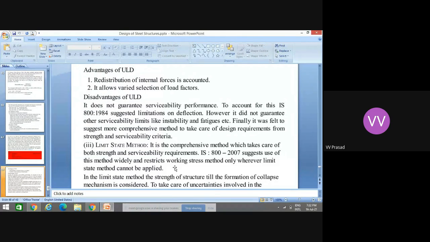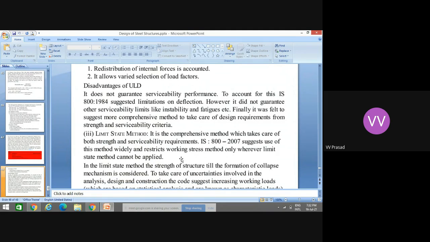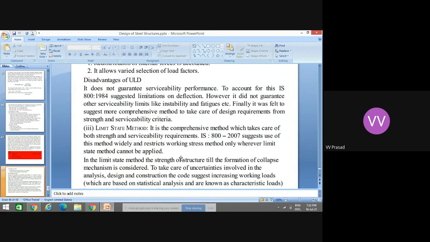In the limit state method, the strength of the structure is considered till the formation of the collapse mechanism, to take care of uncertainties involved in the analysis. Design and construction codes suggest increased working loads, based on statistical analysis, known as characteristic loads.